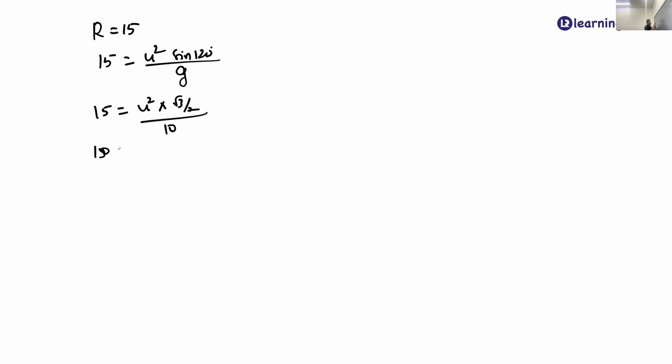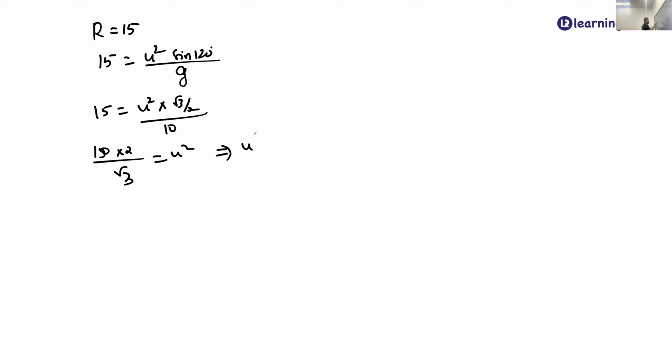R is 15. So 15 is equal to u square sin 120 divided by G. So 15 is equal to u square into sin 120, which is root 3 by 2, and you have a 10 here. This goes as 150. So 150 into 2 divided by root 3 is equal to u square.